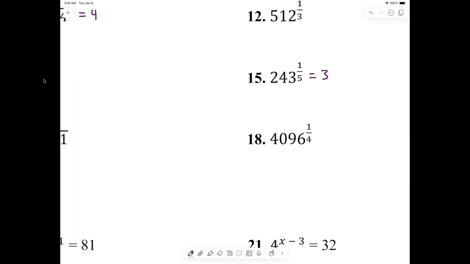The caret button is the arrow up, right there. 243, then you hit this button. Caret is what they call that. And then 1 divided by 5. And it should come up to be 3. It's right above.